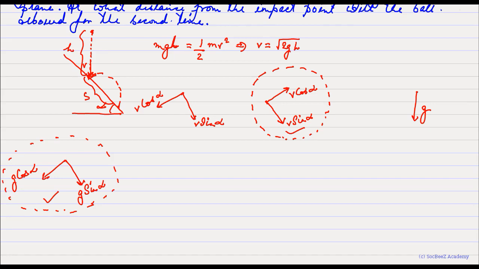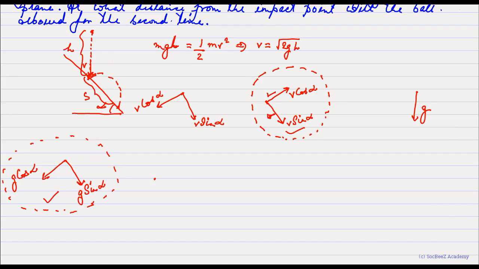Now we can write down separate equations of motion along 2 perpendicular directions. The first direction is going to be perpendicular to the inclined plane, the second direction is going to be parallel to the inclined plane. Now if I write down the second equation of motion perpendicular to the inclined plane, what I can say is that perpendicular to the inclined plane, the net displacement between the 2 impact points is going to be equal to 0.